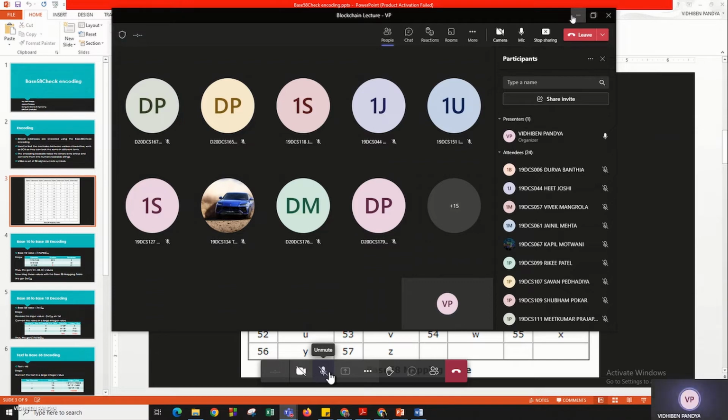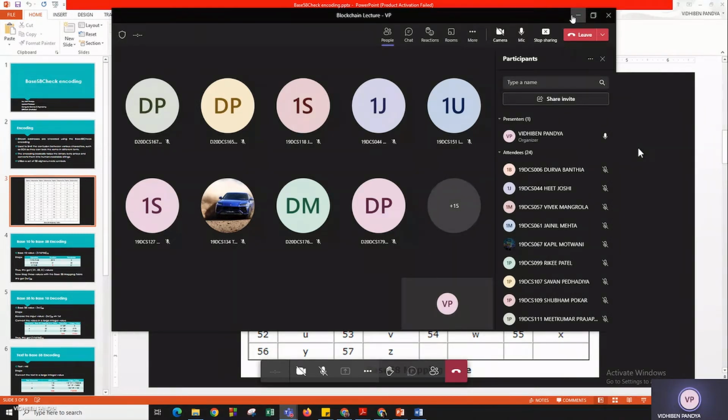The main reason is that there are different ASCII values for capital characters and lowercase characters, right? Because whatever encoding and decoding is going to happen is done by the computer, and the computer can understand the ASCII values, the numerical values, right? And from ASCII it then converts to 0s and 1s and does all the further calculations.